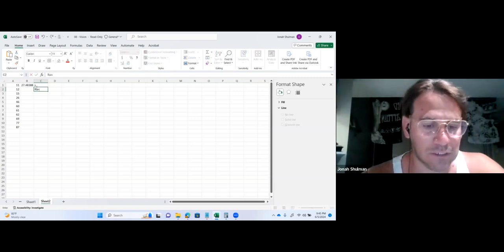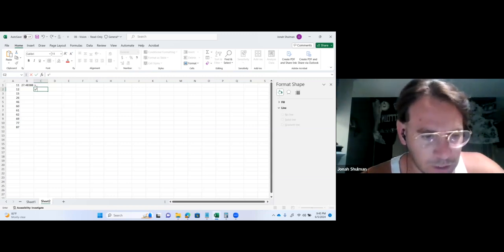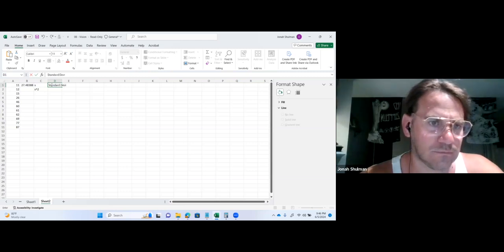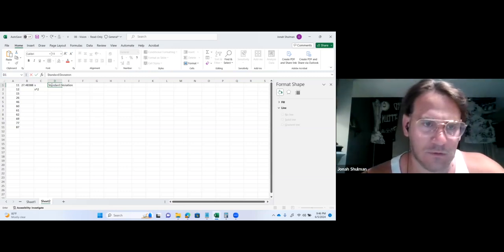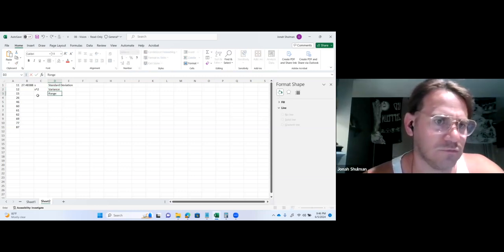Let's also get the range. We can get the variance, but they want it as S squared. So I'm gonna do S with a little 2. Just know this stands for standard deviation, and this stands for variance, and this one's gonna be range. Range doesn't have a fancy symbol, but I can put an R here.